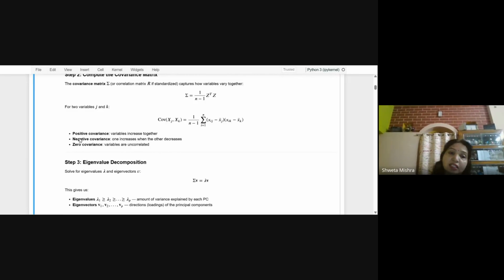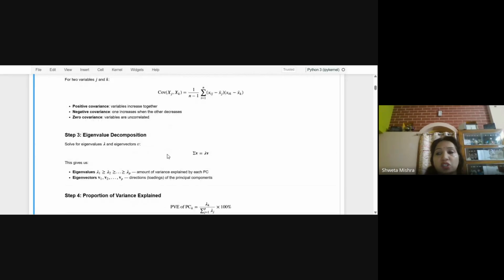The next step is eigenvalue decomposition. These are the mathematical steps we are discussing to understand PCA. Here we decompose the covariance matrix into two things: the eigenvalues and the eigenvectors.